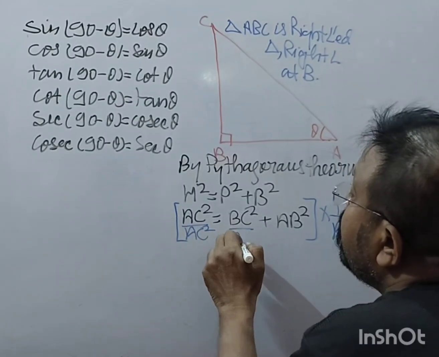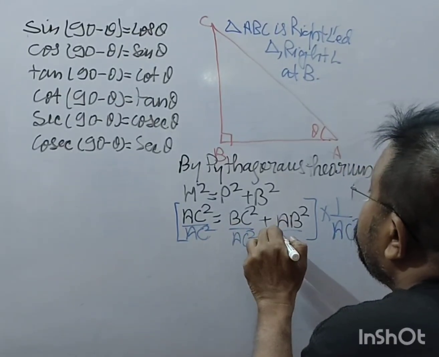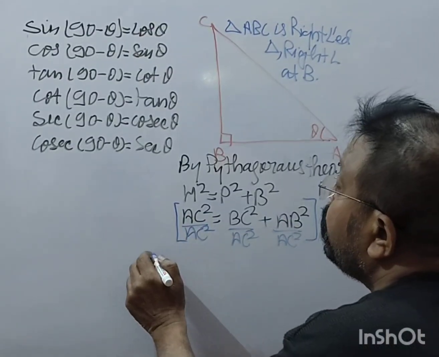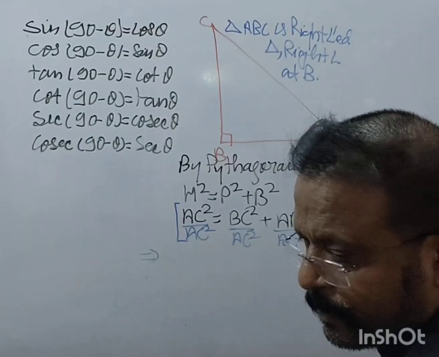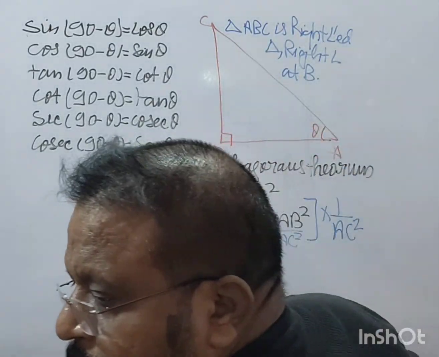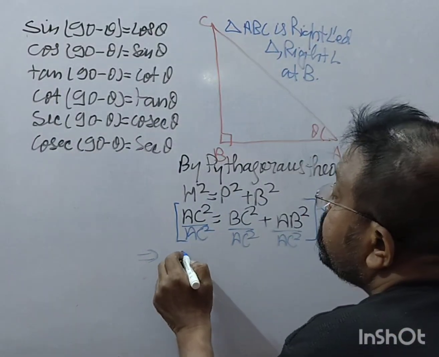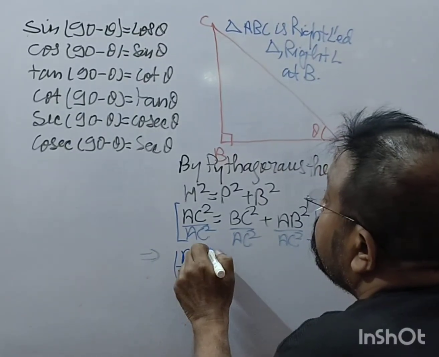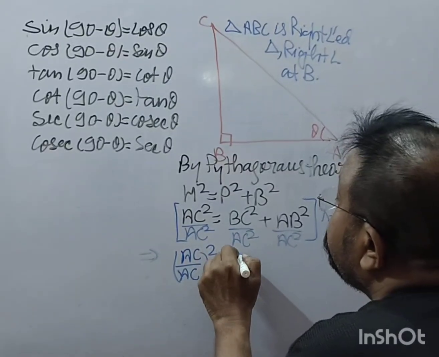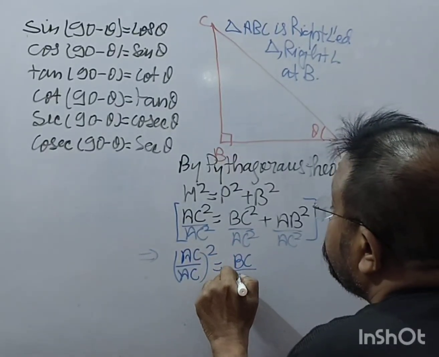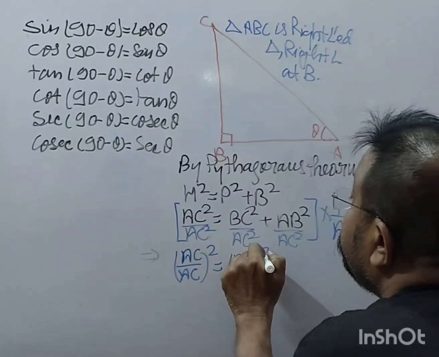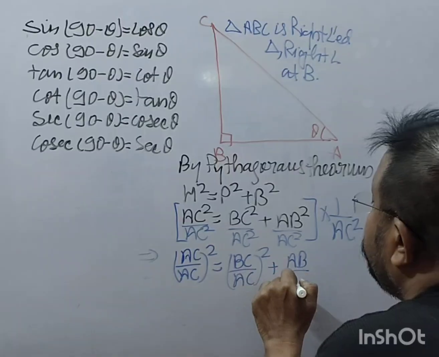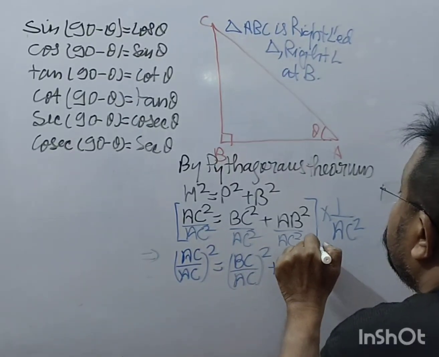So you can write it like this: AC upon AC whole square is equal to BC upon AC whole square plus AB upon AC whole square.